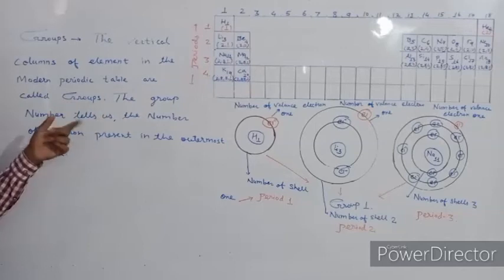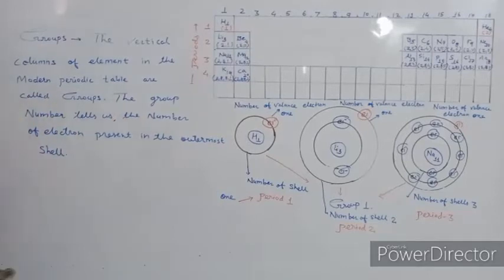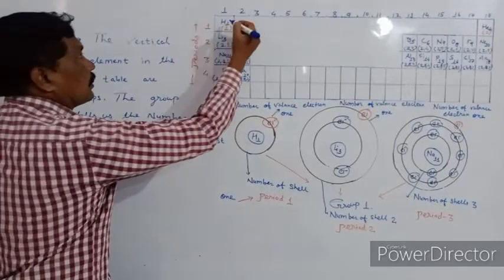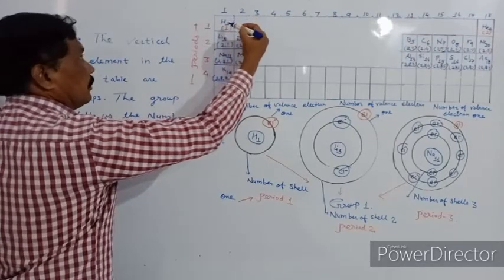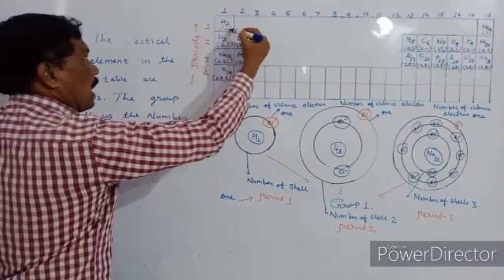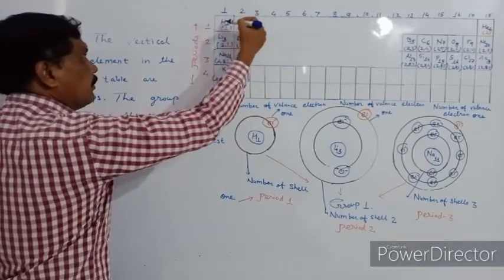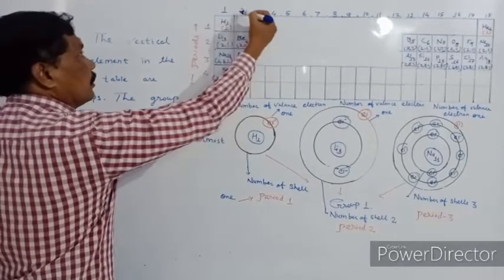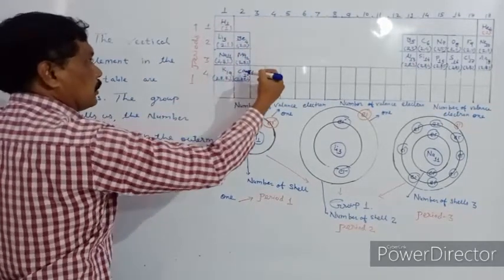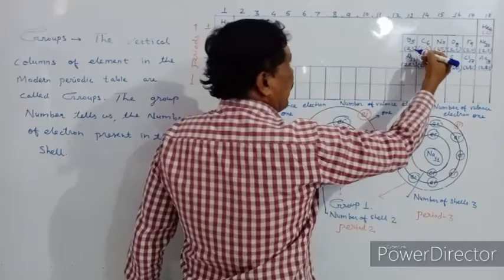The group number tells us the number of electrons present in the outermost shell. For example, group 1 will have 1 electron in the outermost shell. Group 2 will have 2 electrons. Group 13 will have 3 electrons.